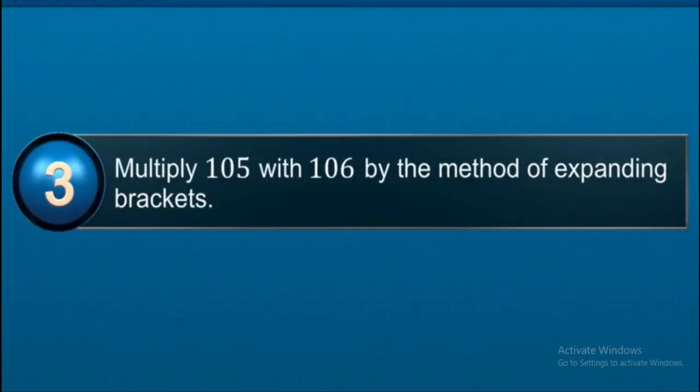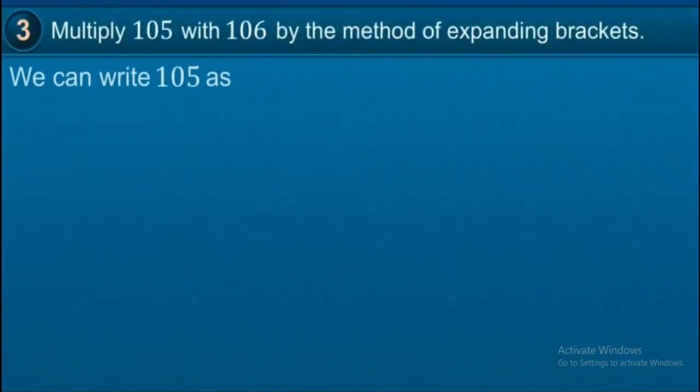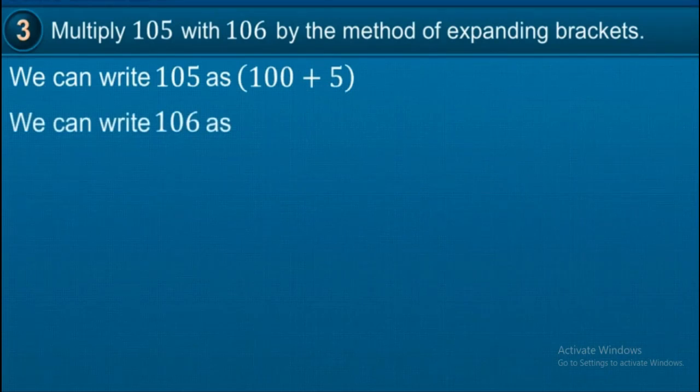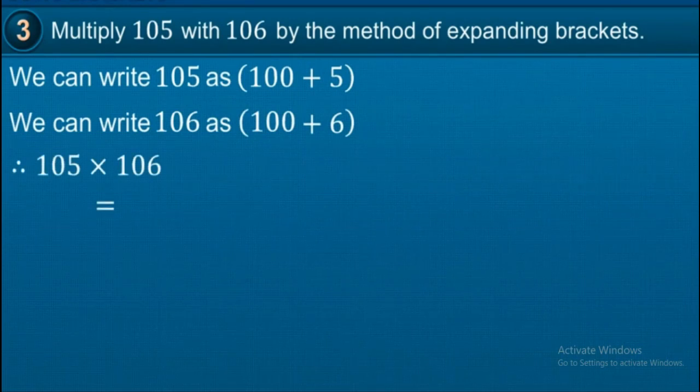Multiply 105 with 106 by the method of expanding brackets. We can write 105 as 100 plus 5. And we can write 106 as 100 plus 6. Now let's expand the brackets as shown.